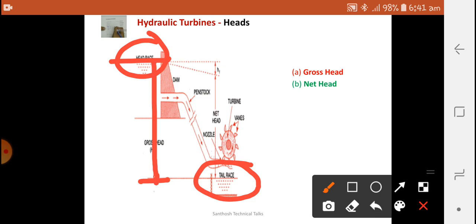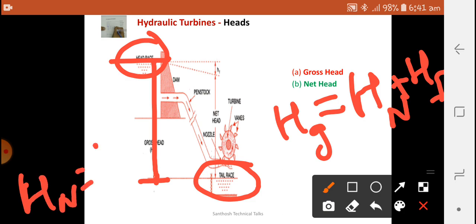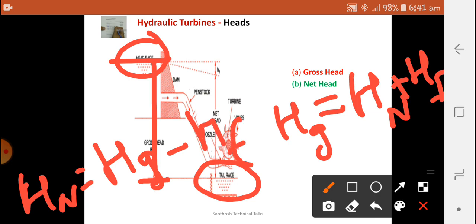That is called HG, the gross head. Gross head is equal to net head plus friction head. So if we want to know the net head, we have to subtract the friction head from the gross head.